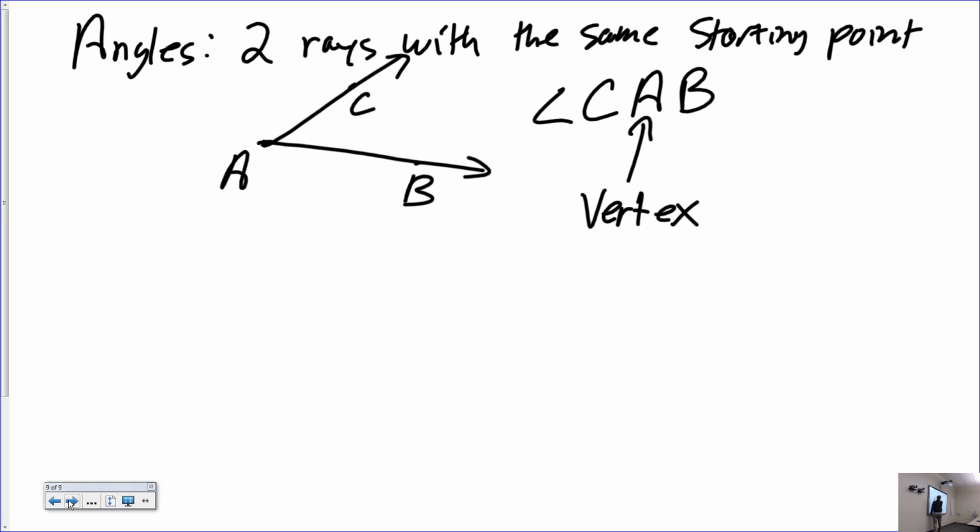Angle ABC would be starting at A, going to B, and then going to C, which is a slightly different angle, okay? So just realize how you name an angle so that when you have to use them, you know what is being talked about, all right? And then what you do, if you put a little M in front of the symbol, guess what M stands for? Measure of the angle.